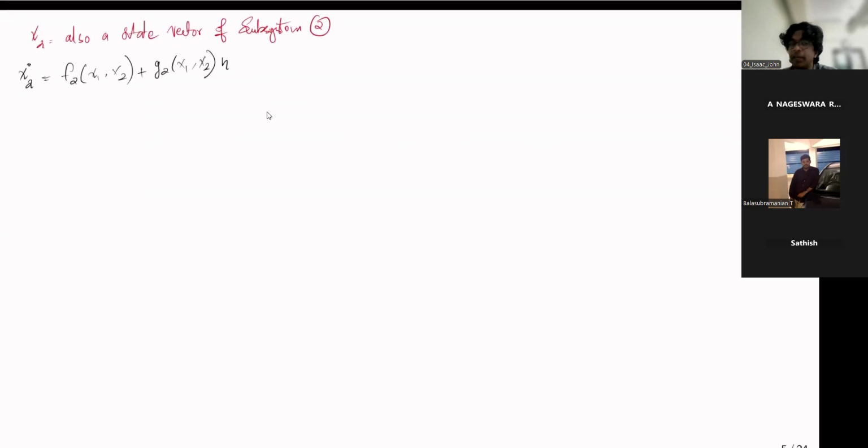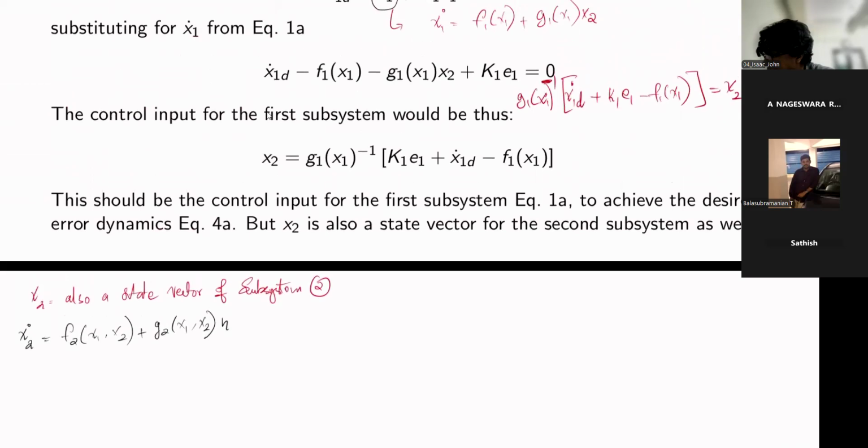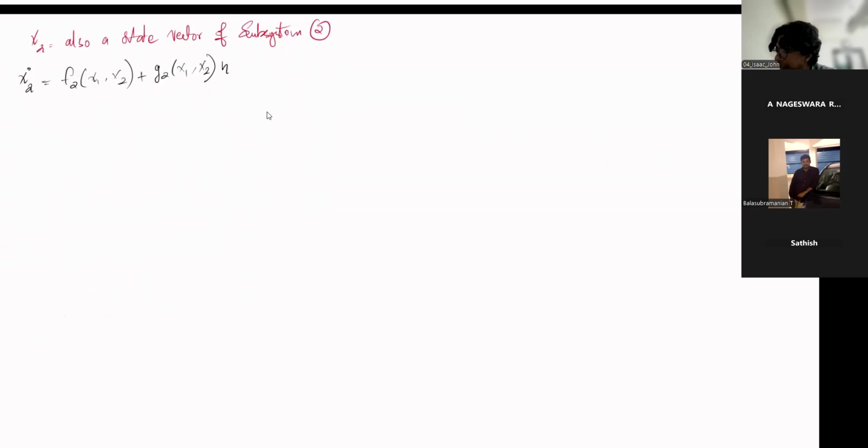Right? So what we can do, in order to make the first subsystem behave according to the first error dynamics, is from now onwards call this equation 7 as x2d, right? And then we use the control input u of the second subsystem so that the state vector x2 would tend to x2 desired as time goes to infinity.